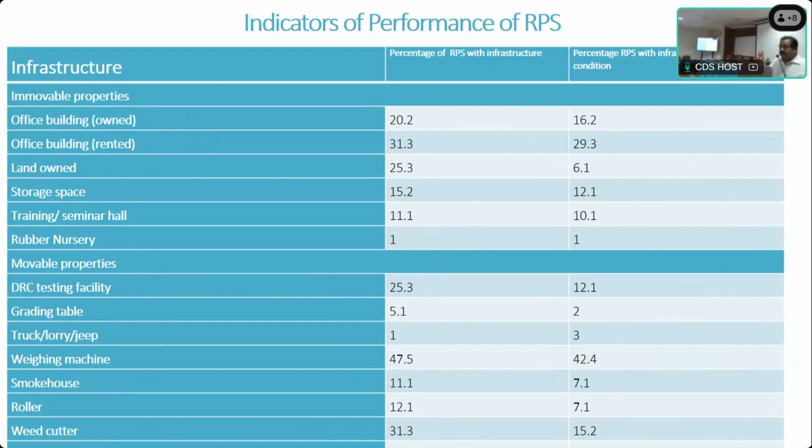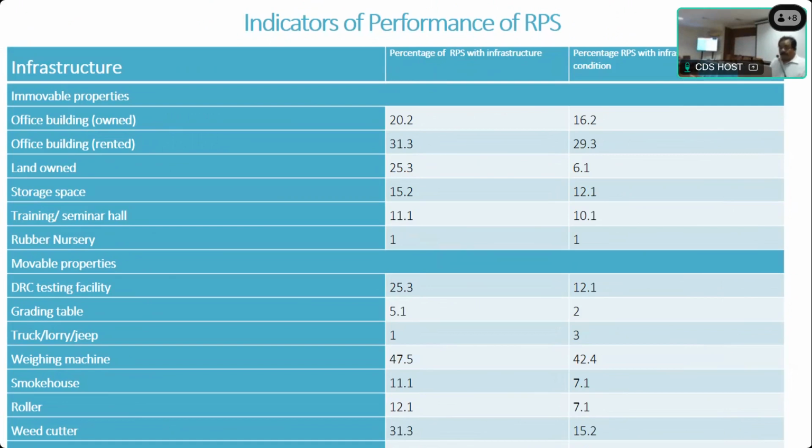And most other RPSs did not have the basic infrastructure that is required. Interestingly, even when you have the infrastructure, it may not be in working condition. For instance, of the office buildings, only 16% are in working condition.